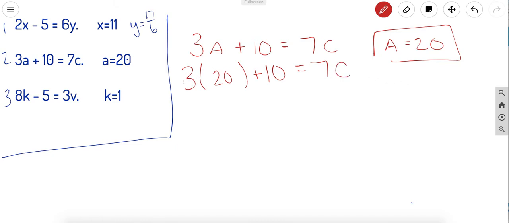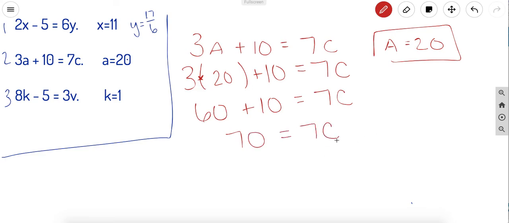And remember, this relationship means that it's being multiplied. So when we're trying to solve our problem, we're going to do 3 times 20, which gets us 60, plus 10 equals 7c. And then we're going to continue to solve. 60 plus 10 gets me 70.